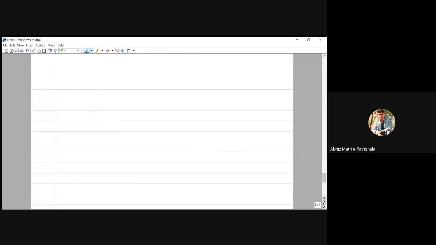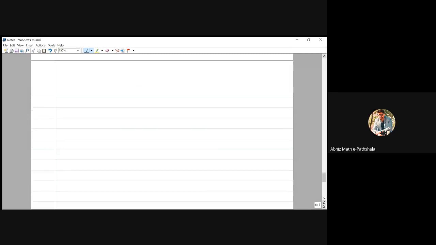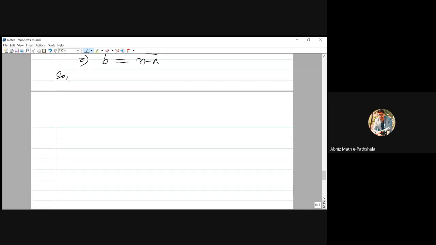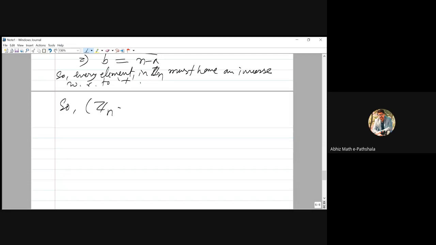So every element in Zn must have an inverse with respect to plus. Yes. Okay. So Zn plus forms a group. Right?